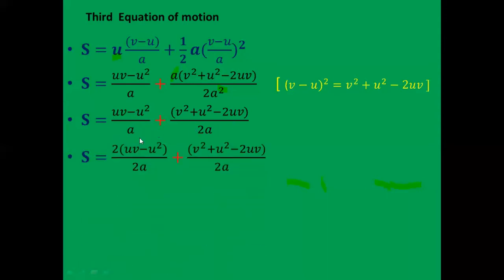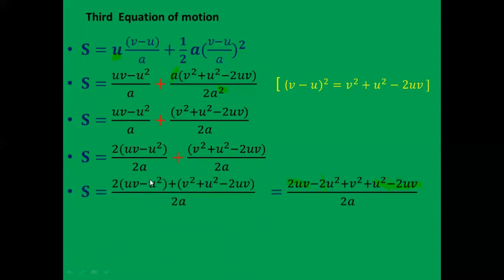So we multiply by 2 in numerator and denominator. So it becomes 2 into (uv minus u square) divided by 2a plus the same (v square plus u square minus 2uv) by 2a. Now the denominators of both are the same, so we can add this.